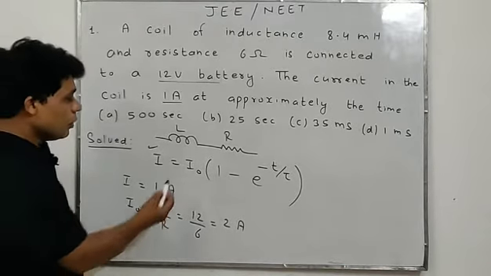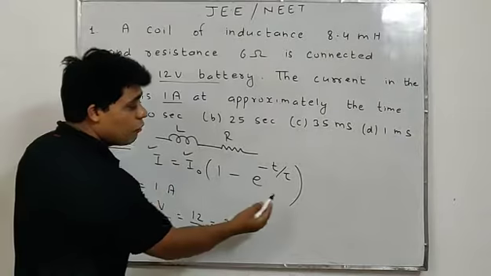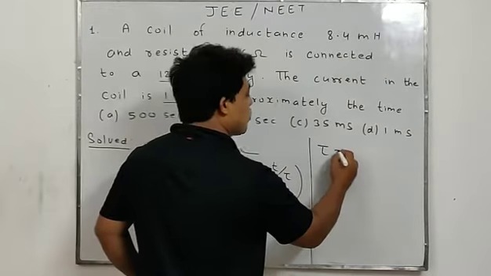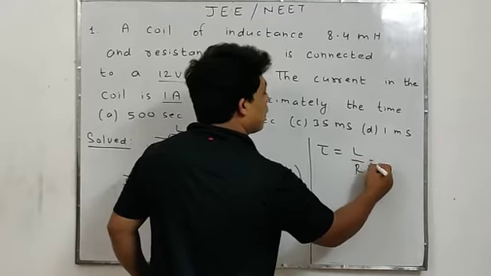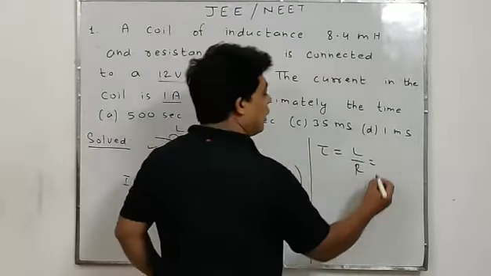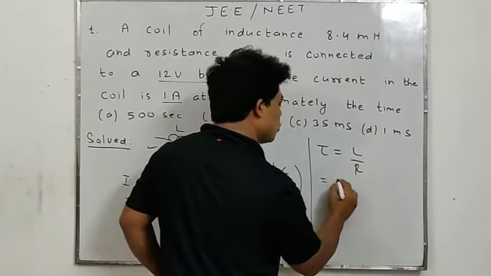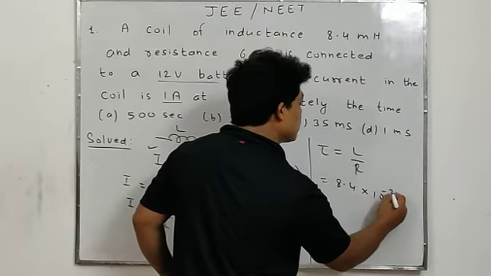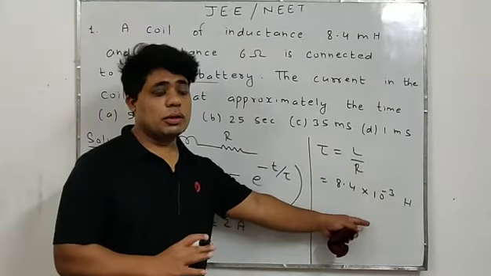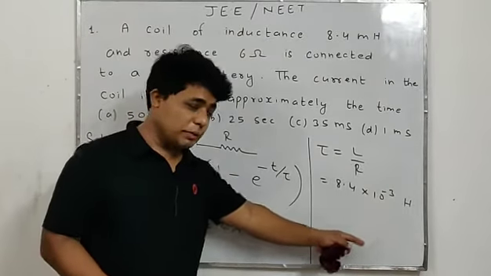Now what we require is tau. Tau here is the time constant L by R. L, inductance, we are given as 8.4 millihenry, so 8.4 into 10 to the power minus 3. When we multiply with 10 to the power minus 3, millihenry converts into Henry.